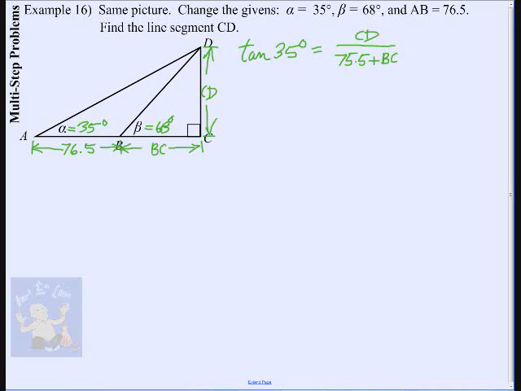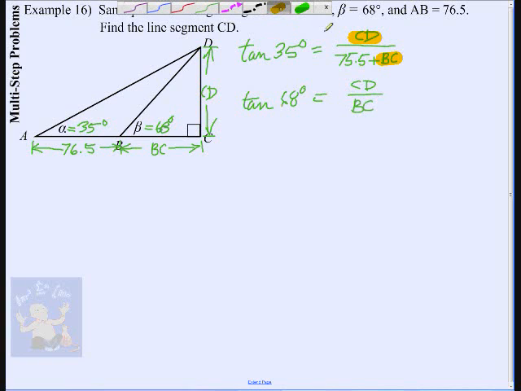So I have two variables here. And then I'm going to do beta. The tangent of beta, 68 degrees, is equal to CD over BC. So I have the same two variables I had previously.